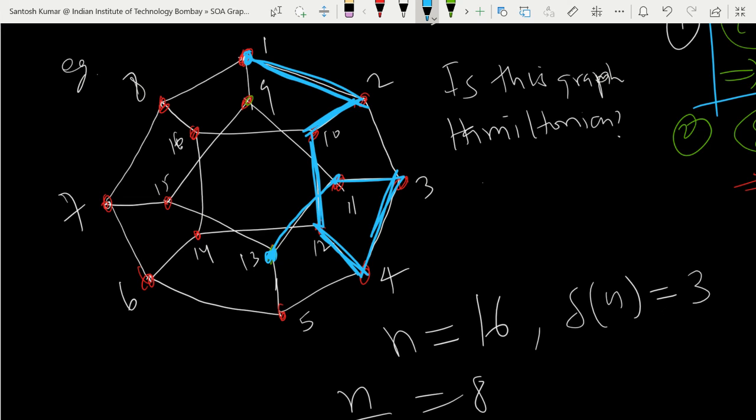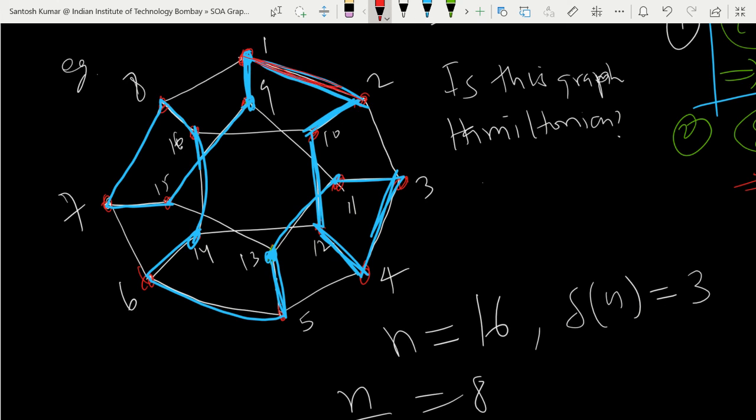We don't have to repeat any vertex, that's why we have to think that way. 13 to 5, 5 to 6, 6 to 14, 14 to 16, 16 to 8, 8 to 7, 7 to 15, 15 to 9. We have to get back to 1. So we are back to 1. Look, we have not repeated any vertex.